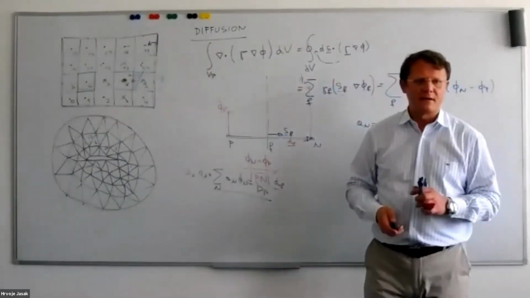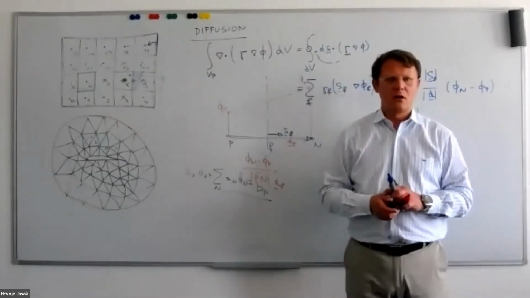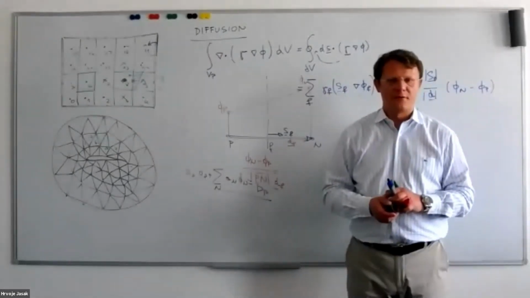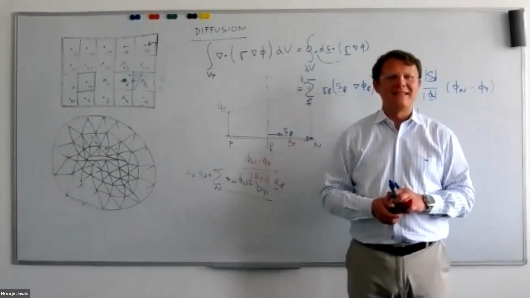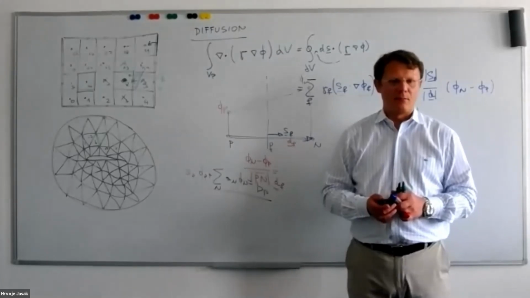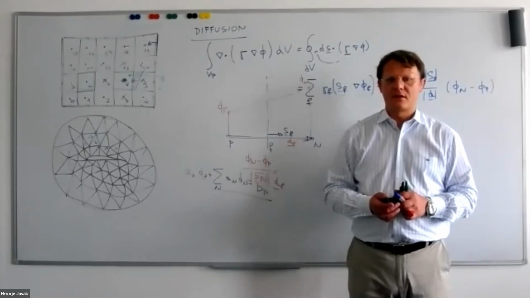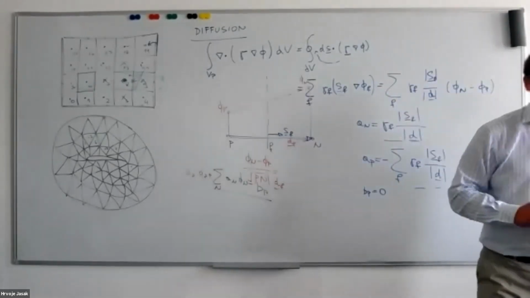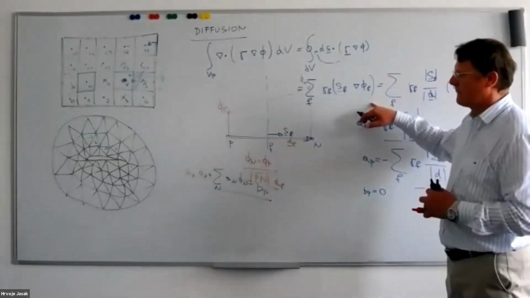On the boundary face, we have a definition of a boundary condition, which can be given either in terms of the value of the variable or the gradient of the variable. So the Dirichlet condition fixes the value of the variable at the boundary, while the generalized Neumann condition fixes its gradient. So let us take a look at the example of a Dirichlet boundary condition for the diffusion operator.